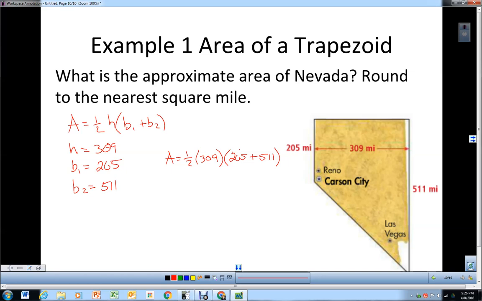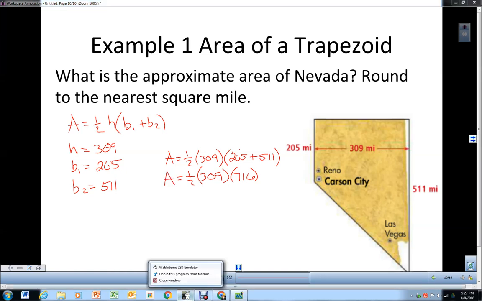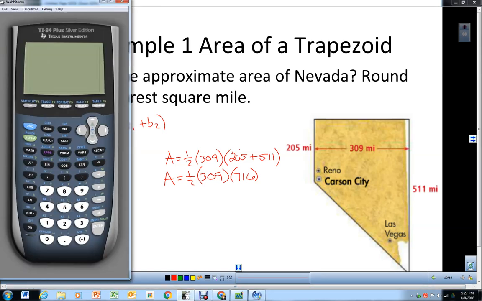So we're going to add these two numbers together. That gives us 716. Bring down the 309 and the 1/2. Now you could do this on your calculator. So at this point we'll take our calculator. There we go.